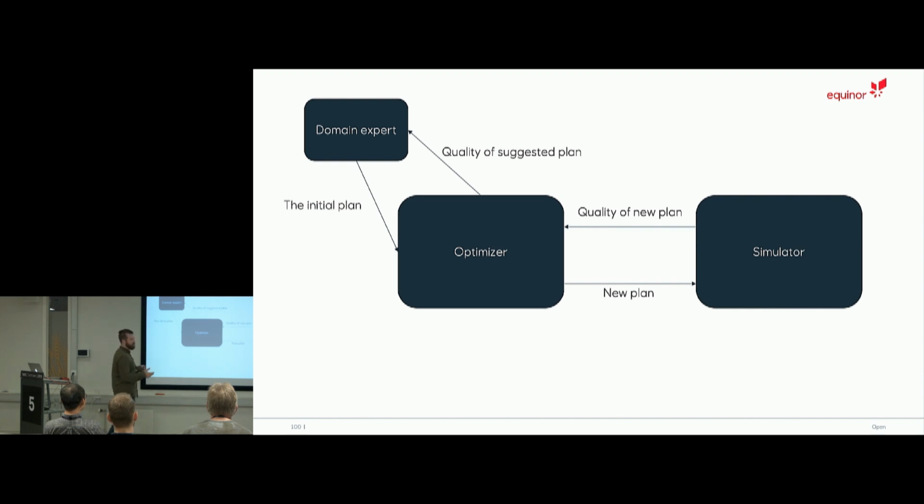Now you can iterate on top of this by introducing an optimizer and feeding the initial plan of the domain expert into the optimizer, doing optimization with the simulator, and then instead of using the quality of the initial plan as your baseline, you're using the quality of the plan suggested by the optimizer.